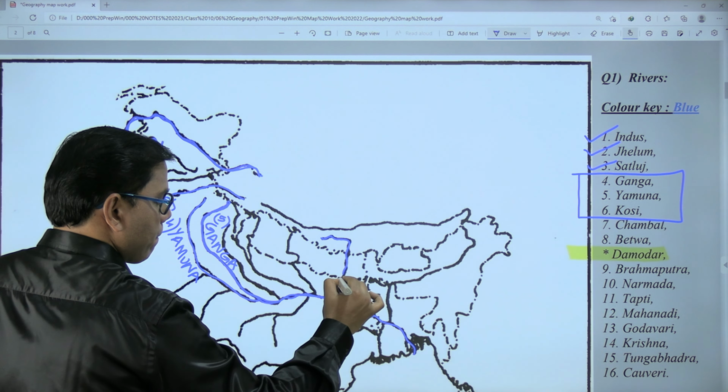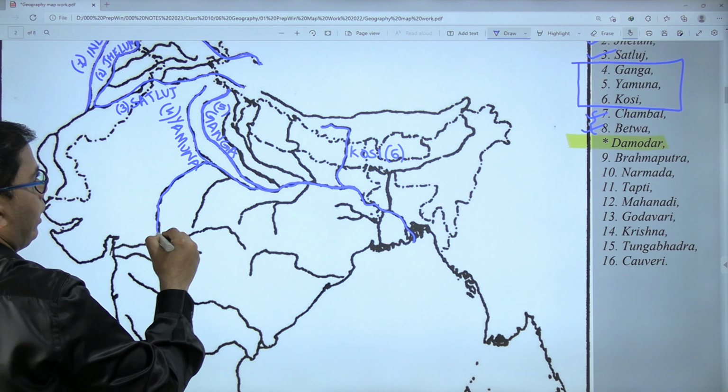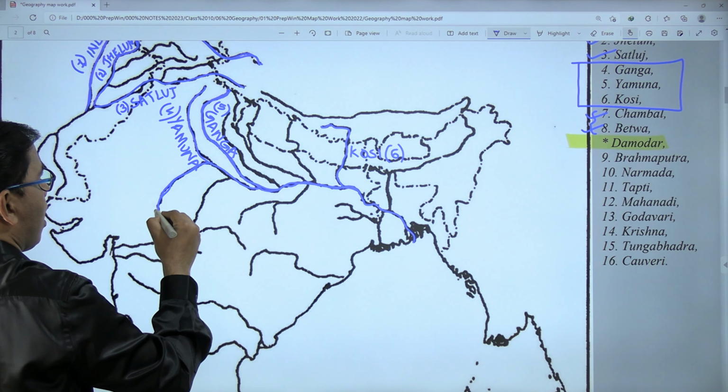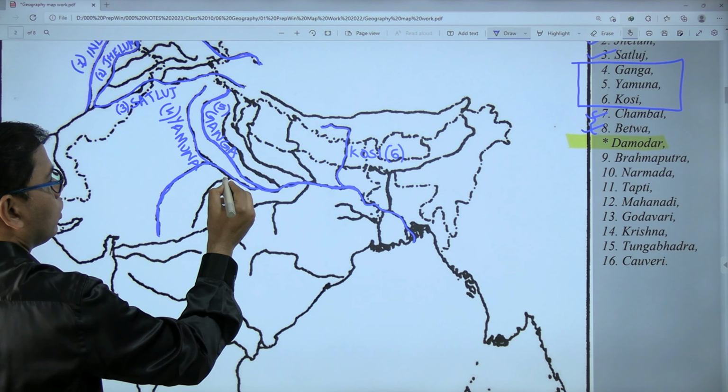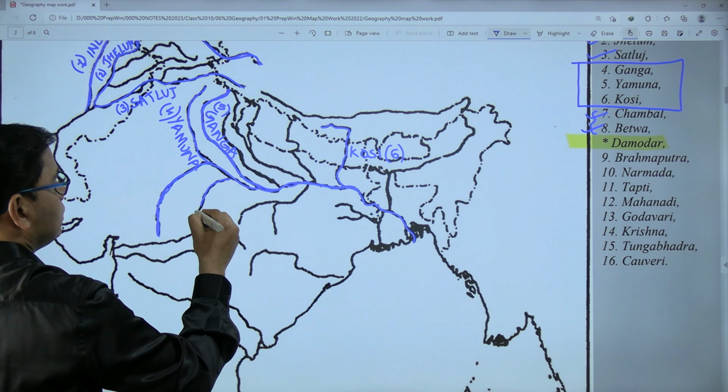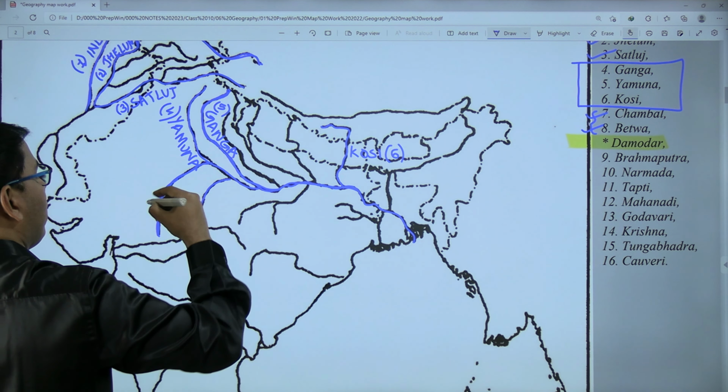Now let us mark these two rivers, Chambal and Betwa. We all know Chambal is in Rajasthan. In Bhojpuri language, Betwa is son. So next, parallel to Chambal, you will say Betwa. So this is Chambal River.